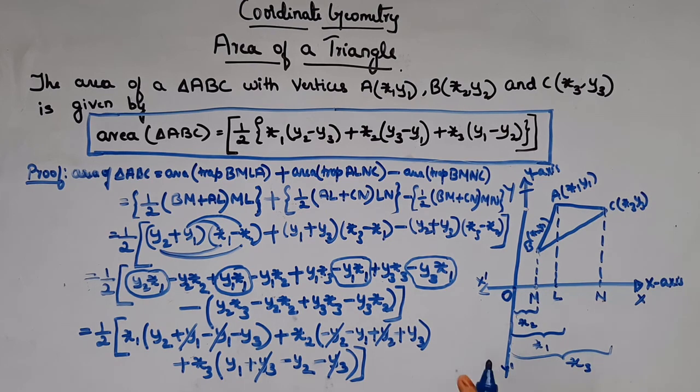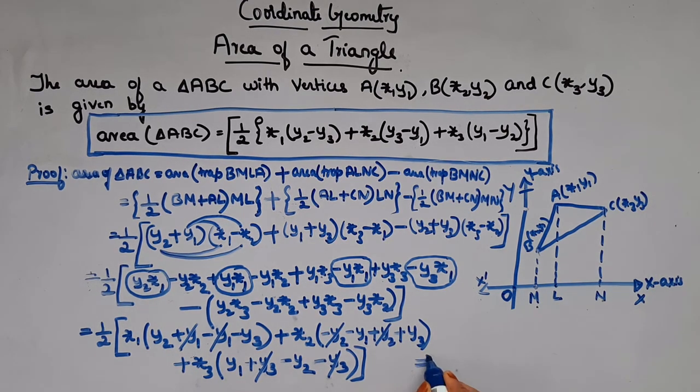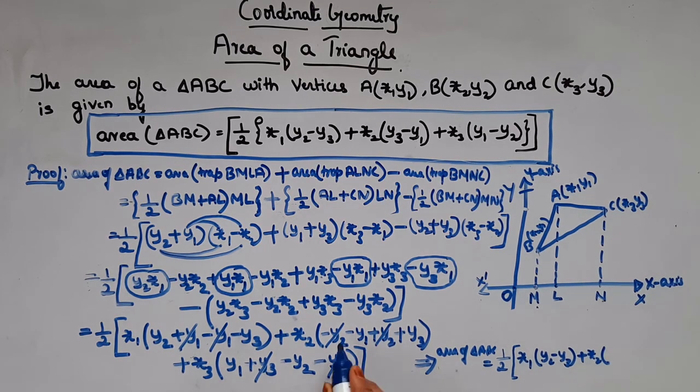So let me erase this part and write the final answer, which implies area of triangle ABC is equal to half into X1 of Y2 minus Y3 plus X2 of Y3 minus Y1 plus X3 of Y1 minus Y2.